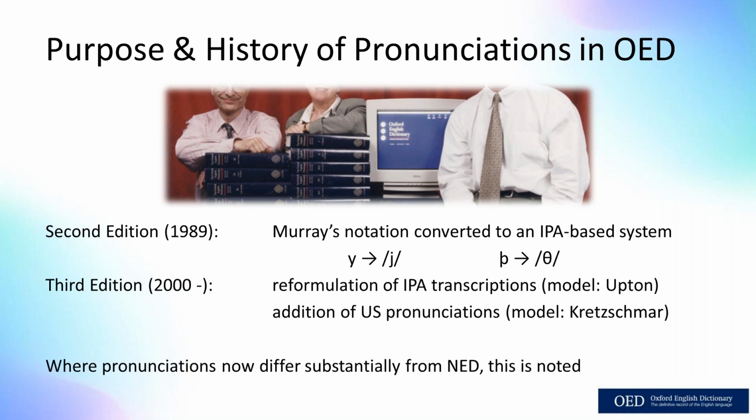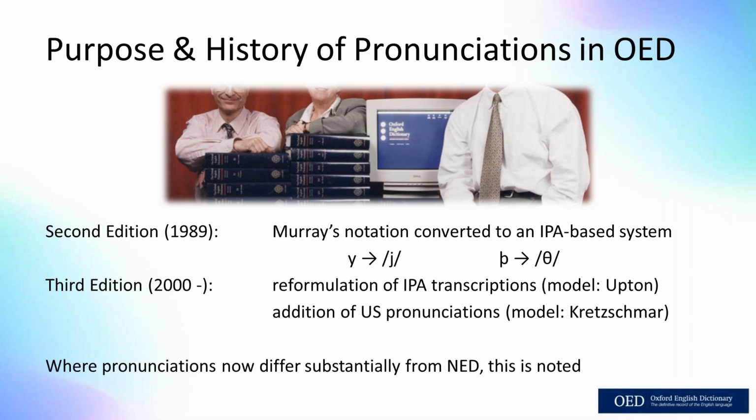Then the process of modernising and computerising the OED began, which culminated in the publication of the second edition in 1989, and there was also a CD-ROM in 1992. This consisted of the original OED and the supplementary volumes, plus 5,000 completely new entries. And for the pronunciation transcriptions, this meant converting Murray's notation to the system which did now use the symbols of the International Phonetic Alphabet.